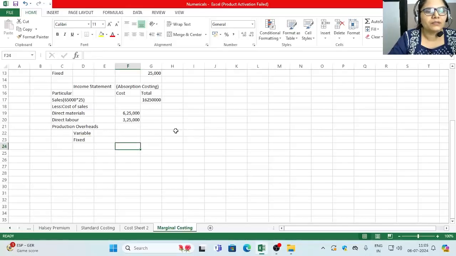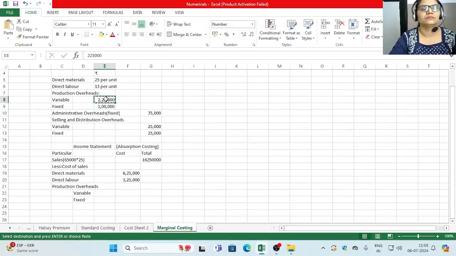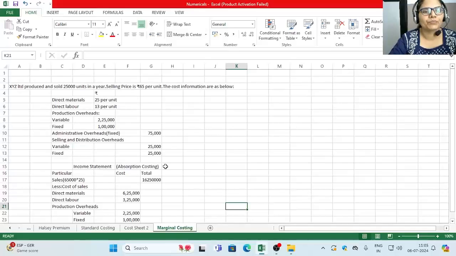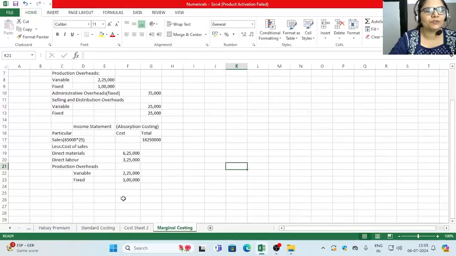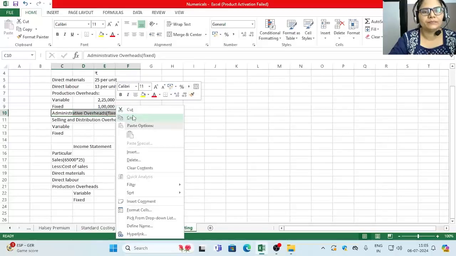Variable in the question is 2,25,000 and fixed is 1 lakh. So there is no change in it. Next is administrative overheads, which are given as fixed. We simply copy them.